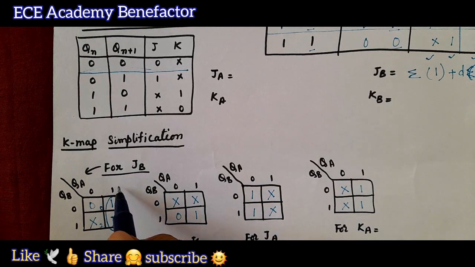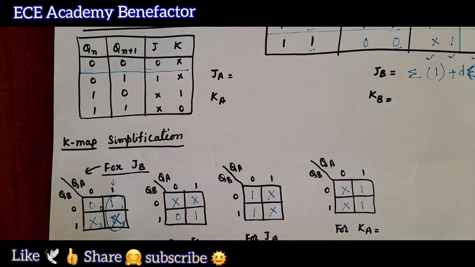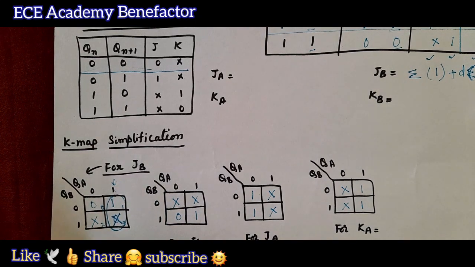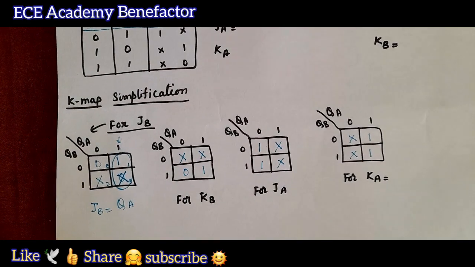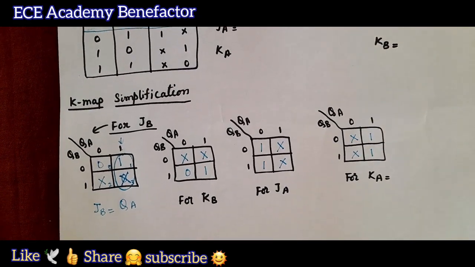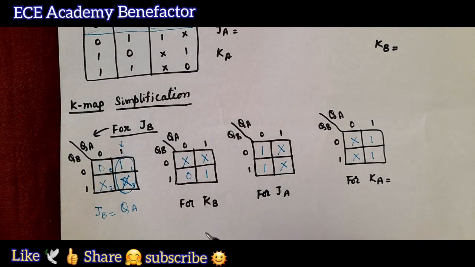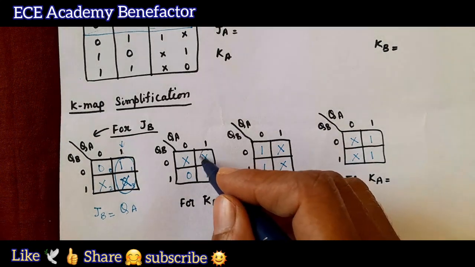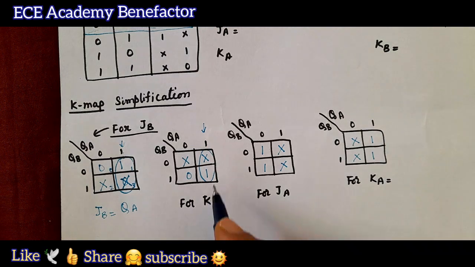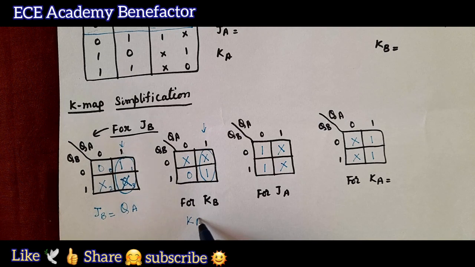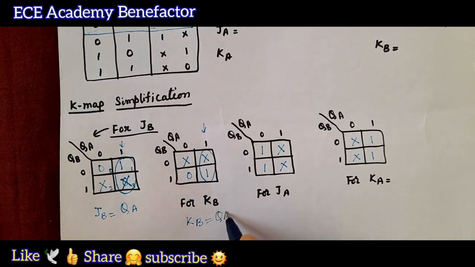What is this pair name? It is 1 here, QA. So JB is equal to QA. Now coming to KB, we can form a pair here. What is this one? This is QA. So KB is equal to QA.